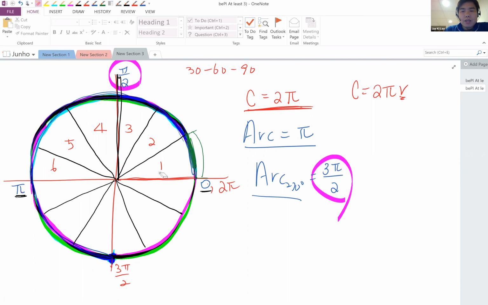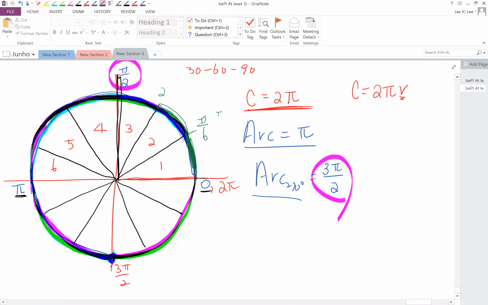Oh, I see. So 1/3 of pi over 2, which means if you figure this out, what do you get? Pi over 6, right? Yeah, pi over 6. So this radian will become pi over 6. And this is pi over 6, then this is another pi over 6, so 2 pi over 6.